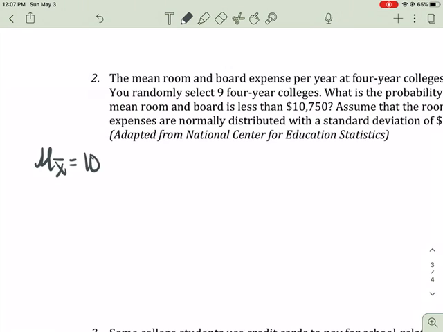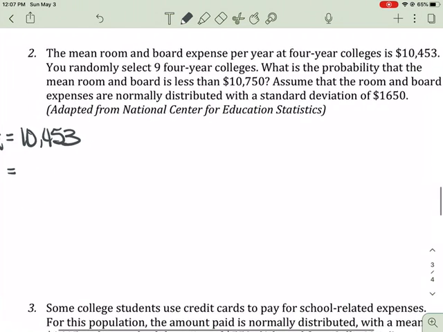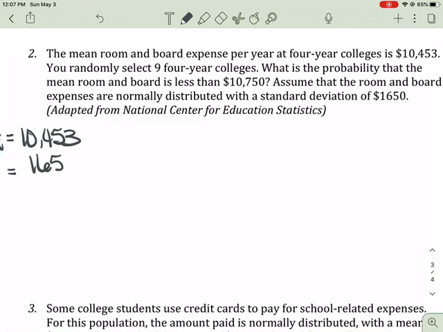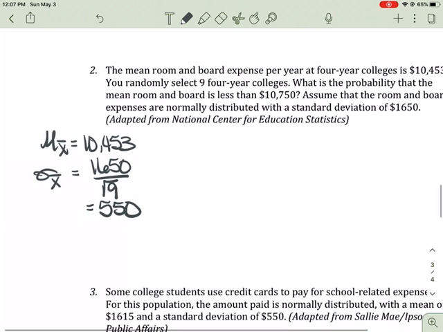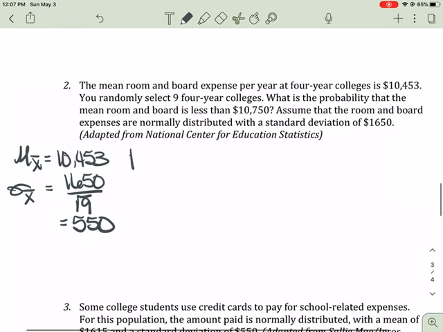Mean of X bar is 10,453. Sigma X bar is going to be 1650 divided by the square root of 9, which I got 550 when I did that. All right, so let's find the probability that we're less than 10,750.